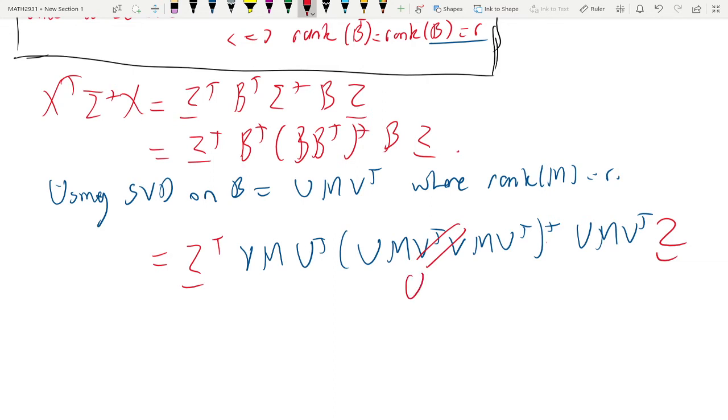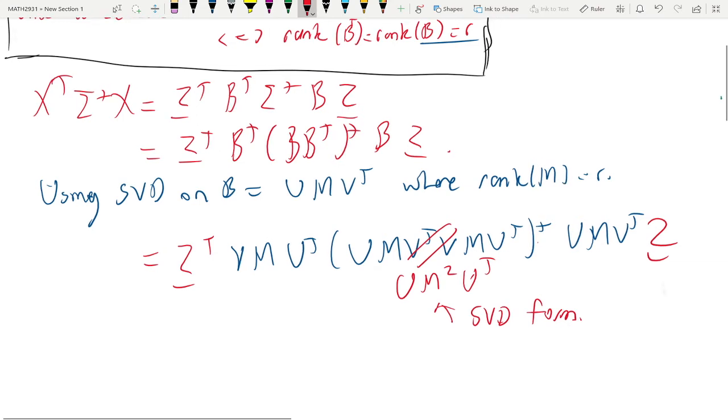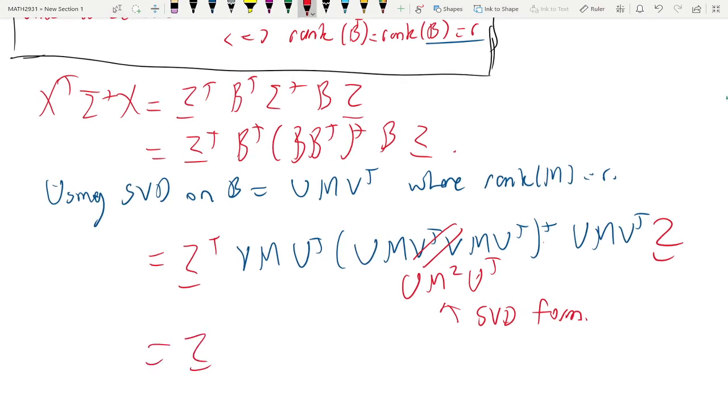So you get U M squared M U transpose, and this is in SVD form, because both of these are orthonormal and the middle matrix is diagonal.